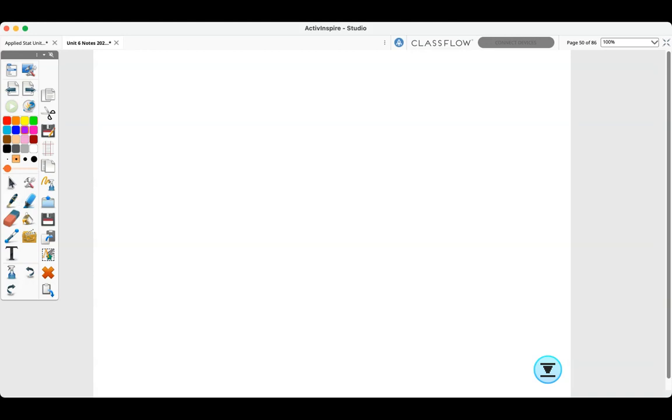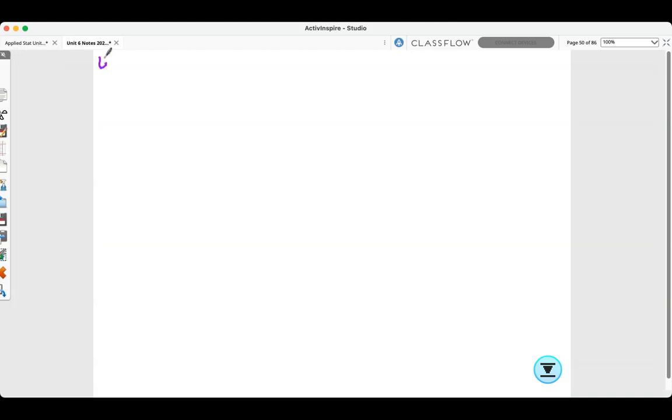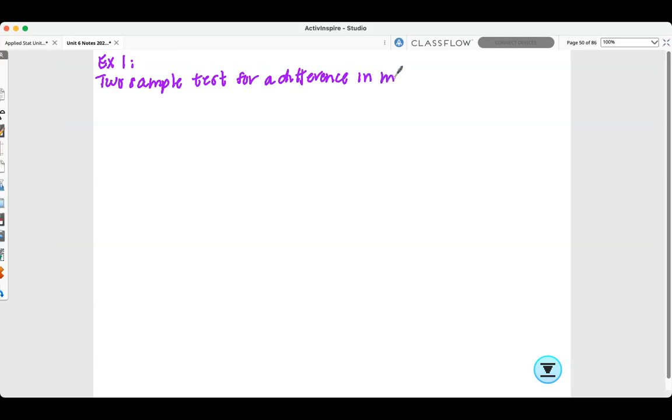First, I'm going to label this example 1. The name of the test is a 2-sample test for a difference in means, and on your calculator, this is a 2-sample t-test.